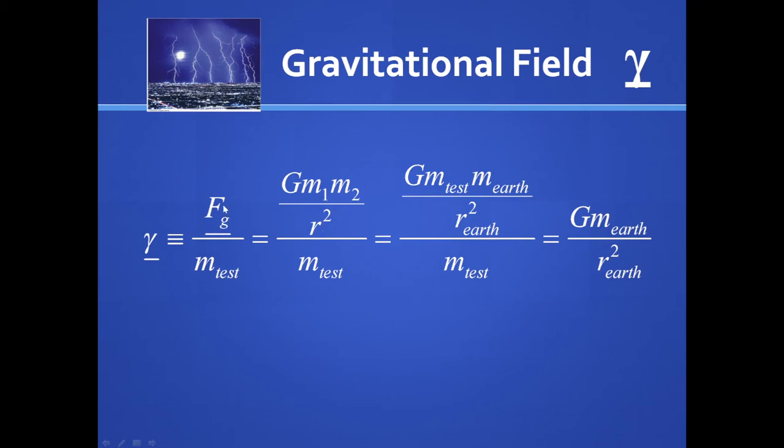Instead of calculating the force that Earth's gravity exerts on an object, the formula has been slightly modified to calculate the gravitational field at a specific spot, a specific distance from Earth's core. It's not the force acting on one object, it's the field exerted at a specific location.